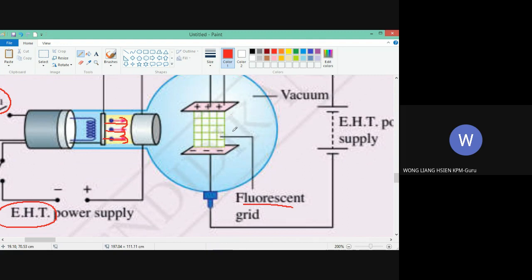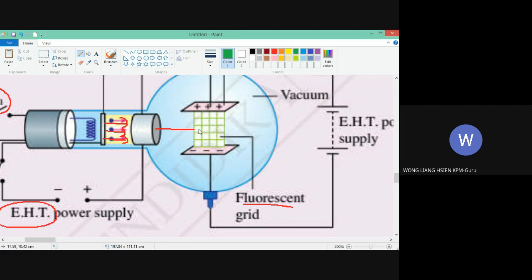Basically, it is a kind of chemical that, when electrons with high kinetic energy strike it, can convert the kinetic energy of the electrons into light energy. So when the electrons fly out and hit the fluorescent grid, you can see a line. The color is green.